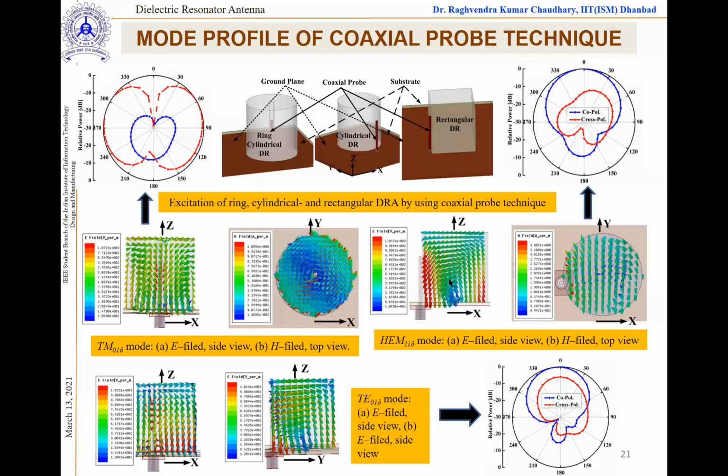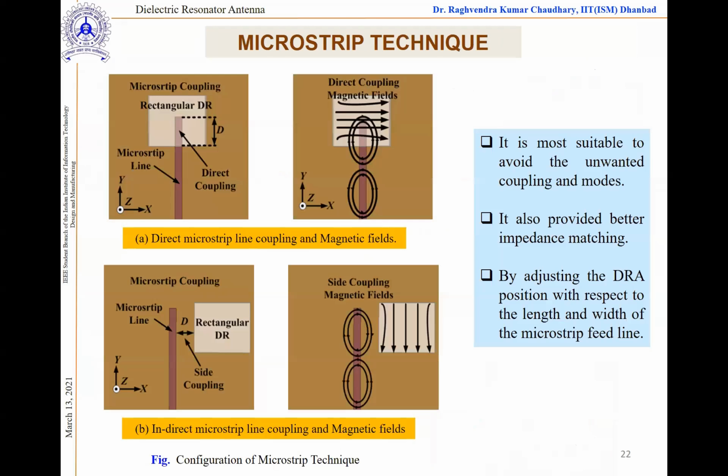Because the electric field is like that, it will be going upside. Here you have the radiation pattern in a directional way in the theta 0 direction. Similarly for the rectangular DRA, this will be a TE01 delta mode, and you will have this kind of radiation pattern. So very quickly you can predict what kind of radiation pattern you will be getting.